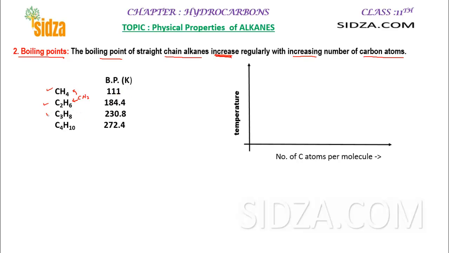And again, for the C3 molecule, propane, the boiling point increases to 230, and for C4 it is 272. That means with the increase in the number of carbon atoms per molecule, the boiling point also increases. So the graph can be like this. With the increase in the number of carbon atoms, the boiling point also increases.